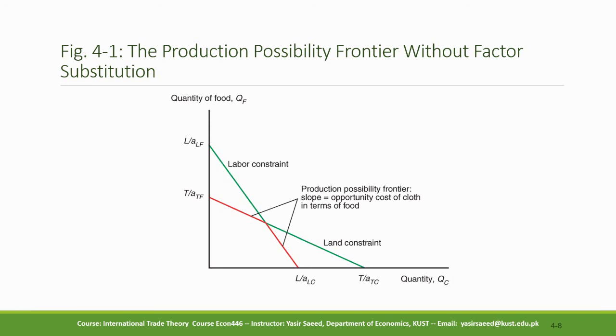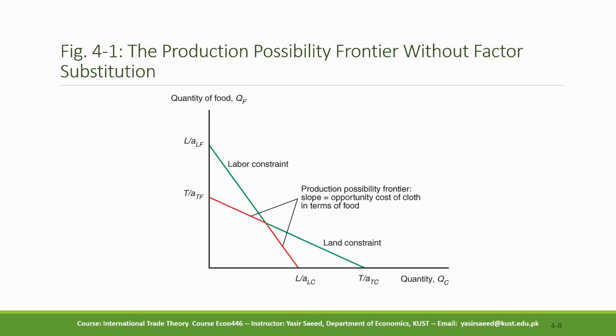If that is true, then we will get two independent production possibility frontiers, such as you see in the graph. The one is for labor and the second one is for land. How much we can produce depends on the slope of these individual constraints.